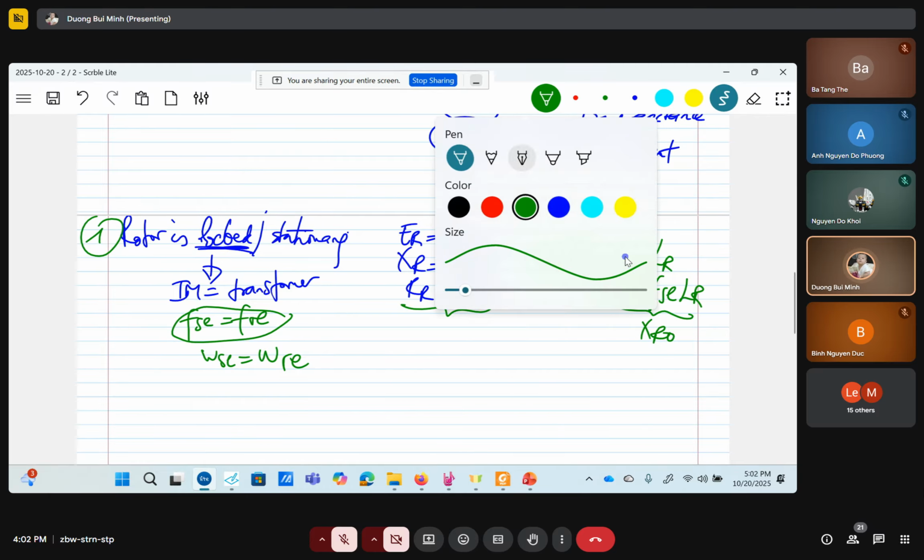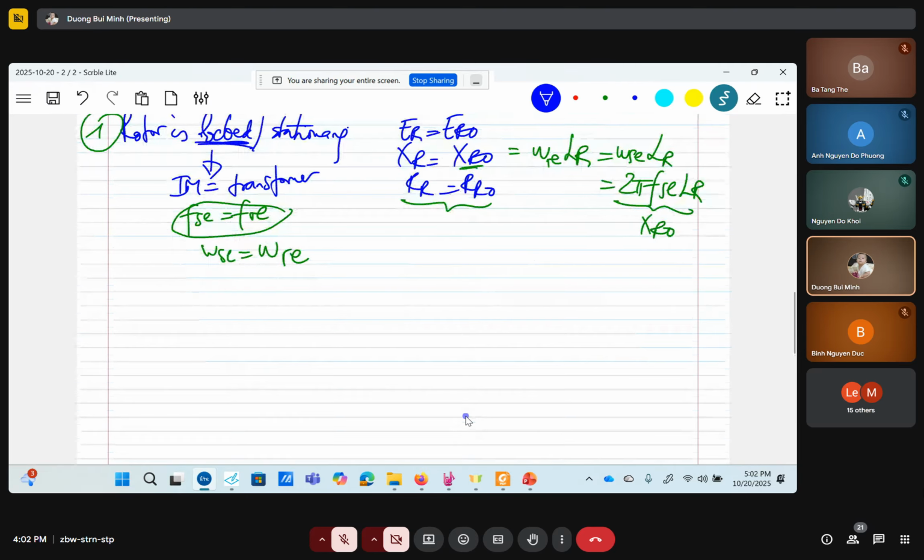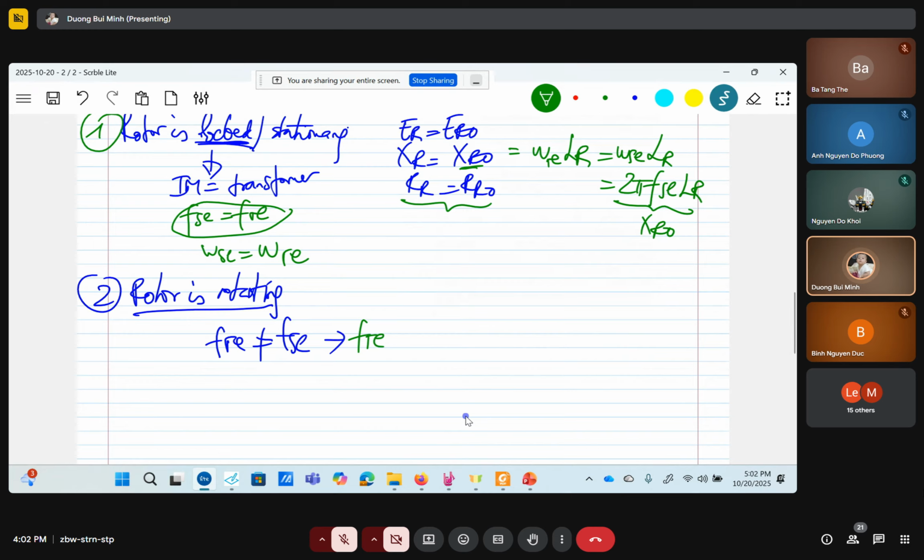Case 2, the rotor is rotating. If the rotor is rotating, we have FRE different from FSE in such a way that FRE is S times FSE.